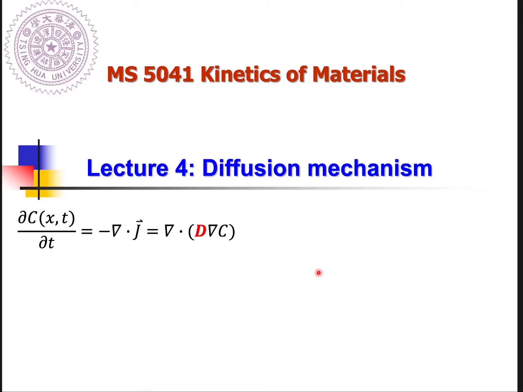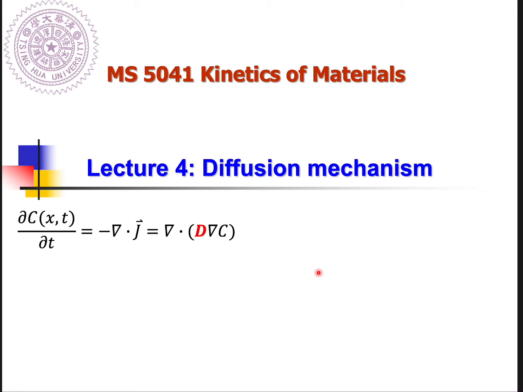Let's move to lecture 4, diffusion mechanism. In these lectures, we put more effort and emphasis on the micro scale diffusion mechanism, instead of the macro scale that we learned in lecture 3.